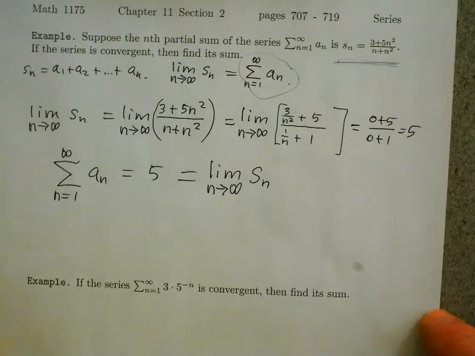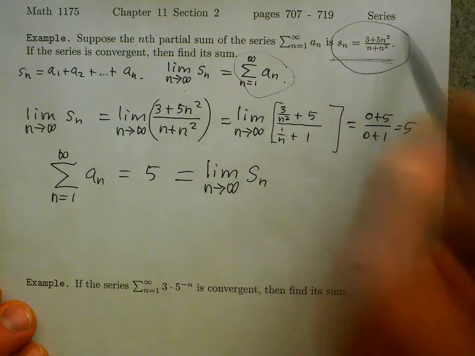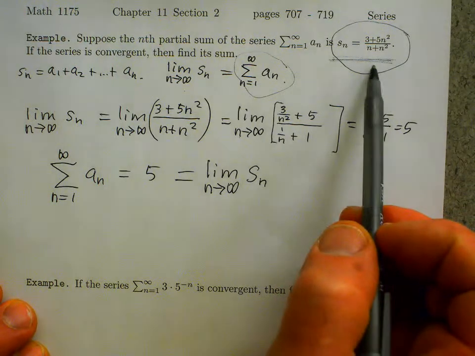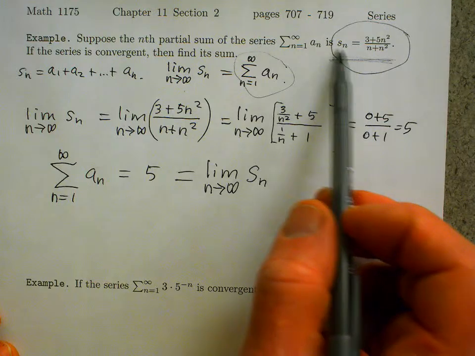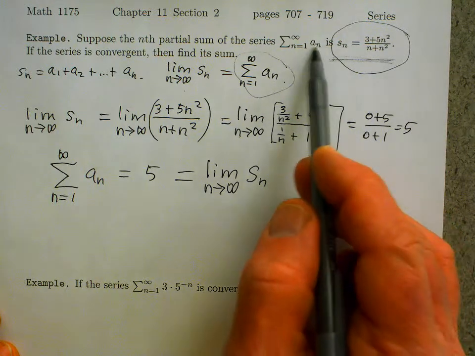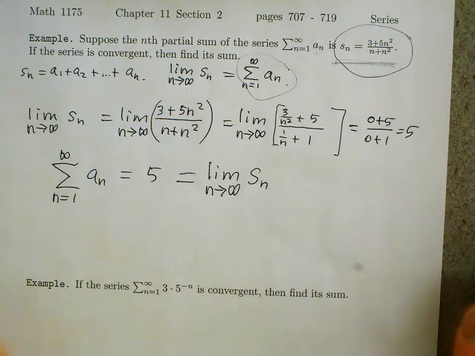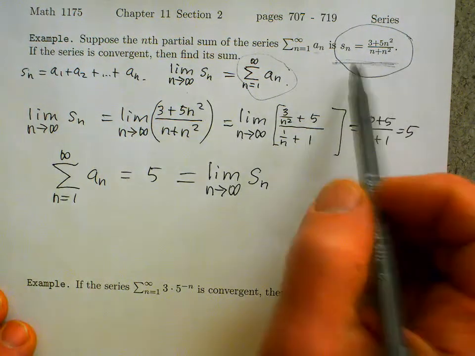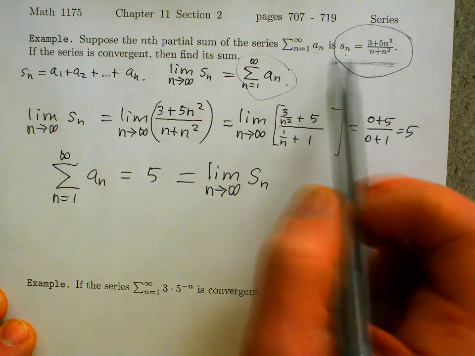I'm not sure, but maybe there's a tendency to think of the sequence of partial sums, confusing it with the terms of the series. The sequence of partial sums is the sum of the first n terms of the series.